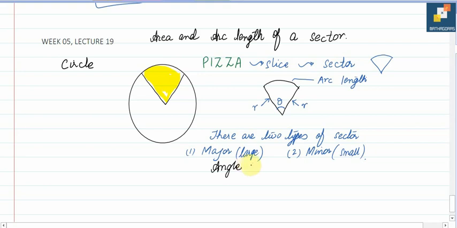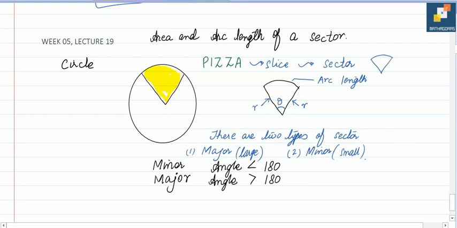If the angle is less than 180 degree, then it means that it is a minor sector, and if the angle is greater than 180 degree, then it's a major sector.